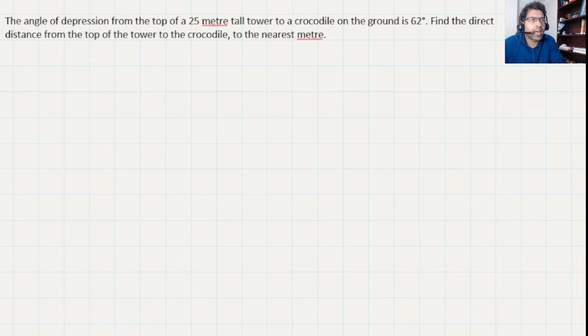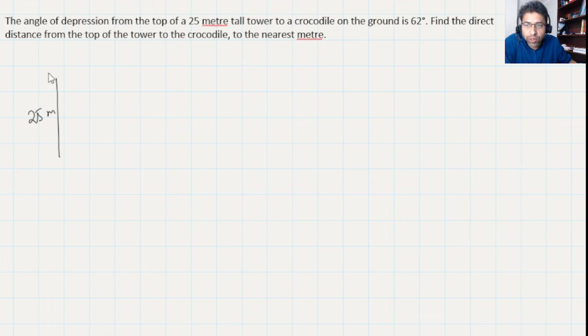Let's say we have another problem, which is the angle of depression from the top of a 25-meter tall tower. So it means we have a tower here which is 25 meters tall, and you are looking at the angle of depression from the tower.